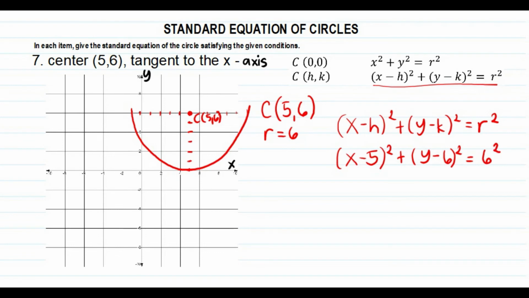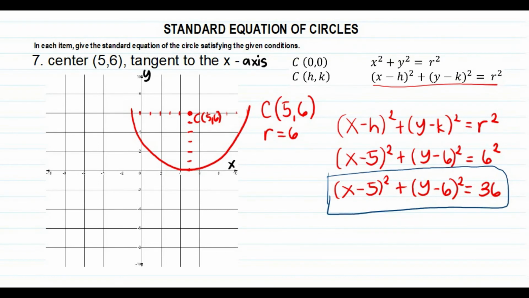Pwede namang isulat nyo na lang kung marunong na talaga kayo, kung sanay na kayo. Maybe from here, you can go here na. And this is the final answer. And we will write the equation basta malapit dun sa circle para alam natin na yun yung kanyang equation. Naintindihan? Sana nakakasunod. And let's have the last example.